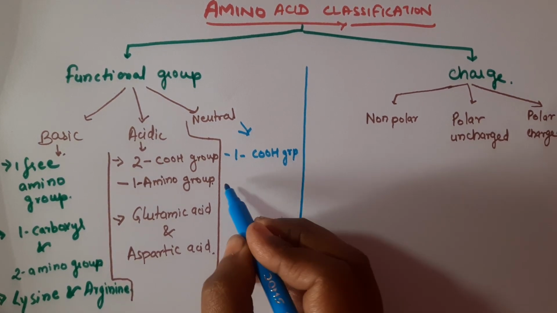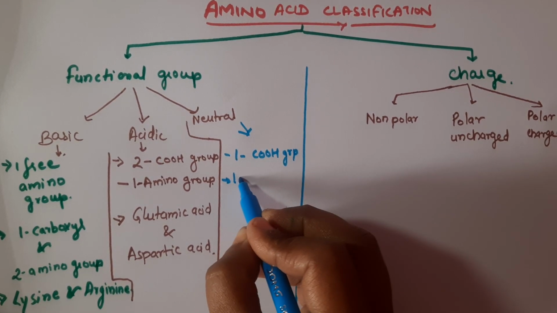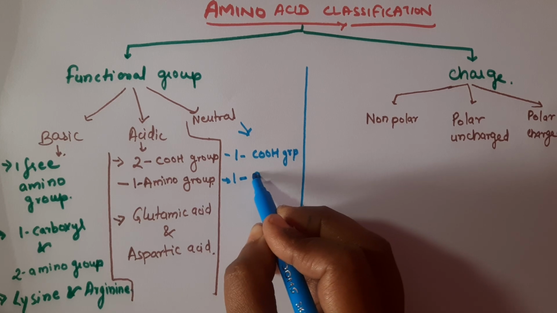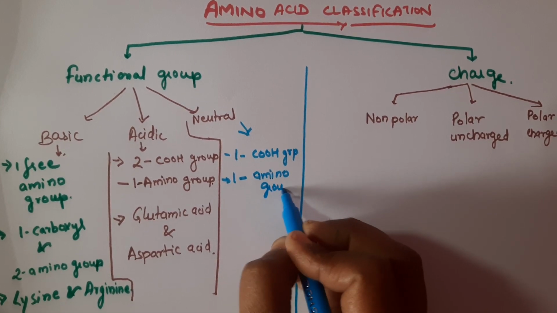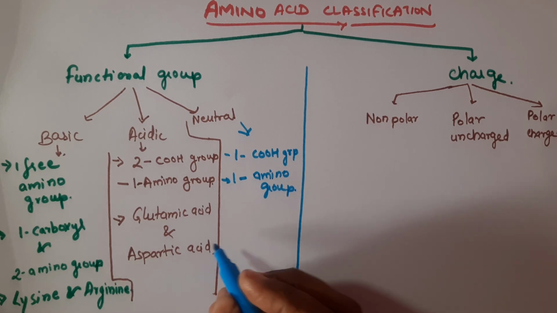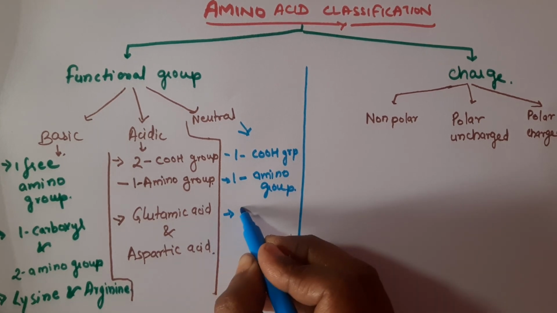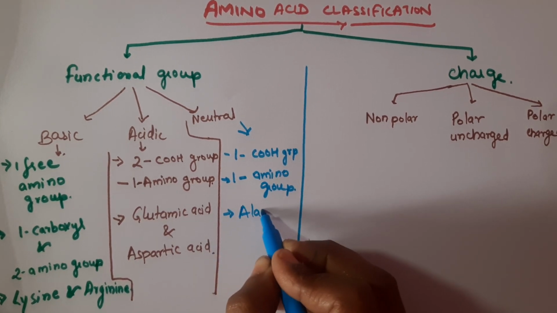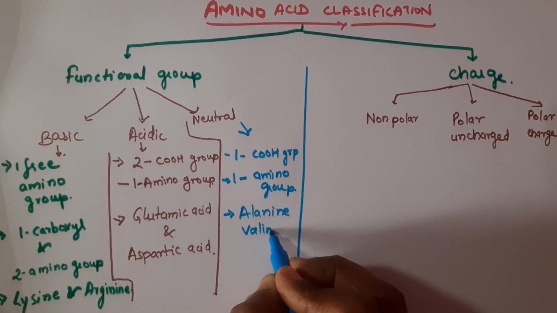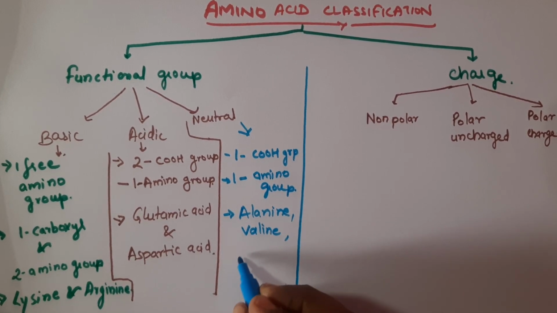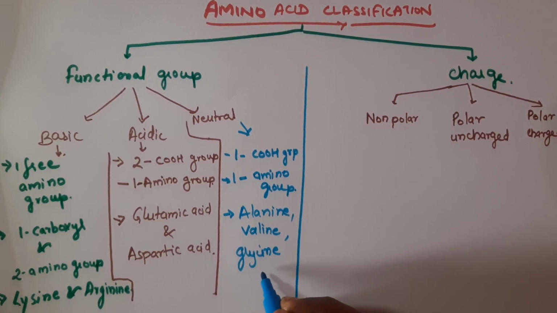And they have only one amino group. And the examples are alanine, valine, glycine and serine. Okay.